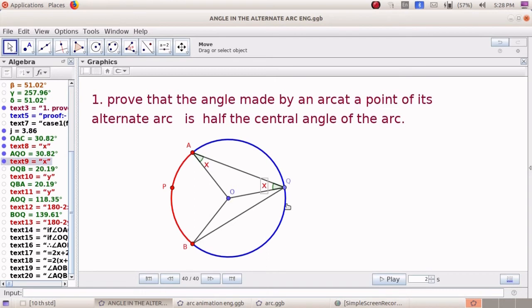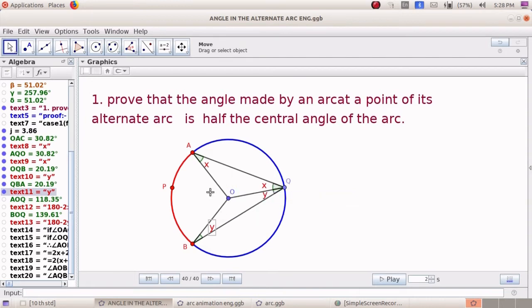Like that, here this one is also an isosceles triangle, so if we suppose this one is y, this angle also will be y. Now come back to this triangle. We say this angle is x plus y, that is, the angle in the alternate arc is x plus y.